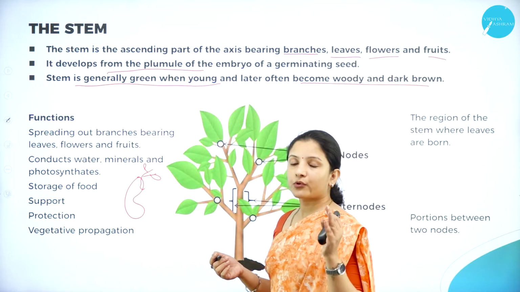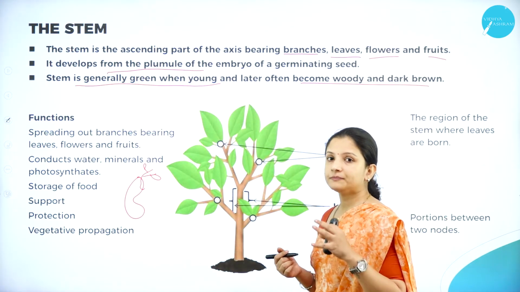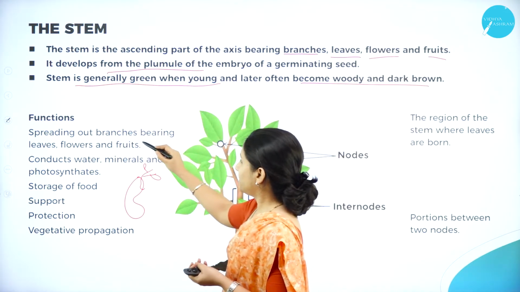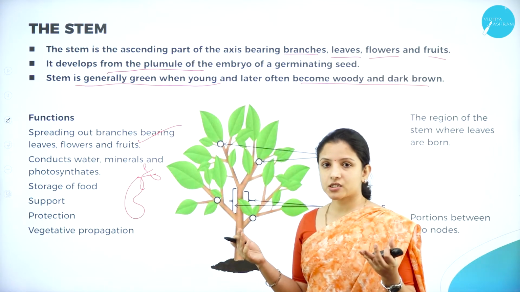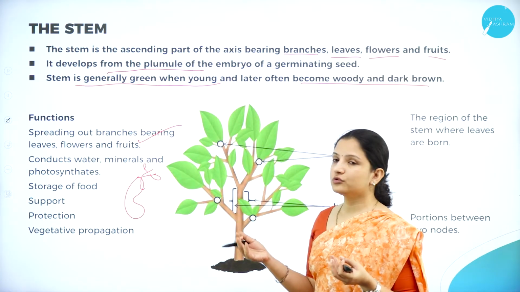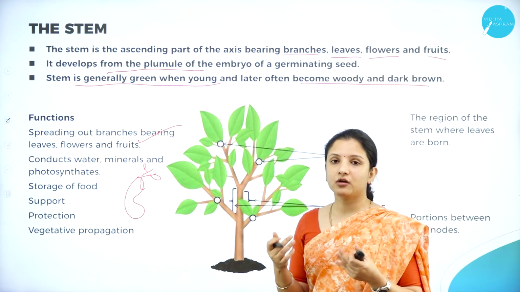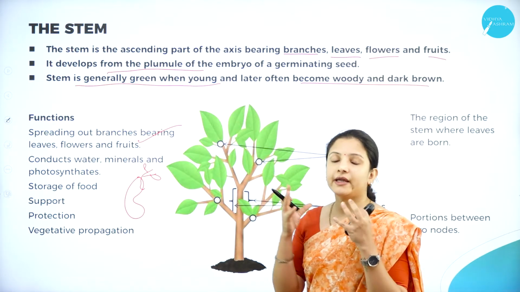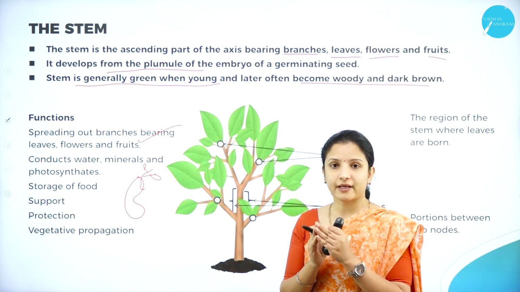The stem provides various functions to the plant. It helps in spreading out the branches, flowers, fruits and leaves. Why? Because all these are held together in one position by the stem.